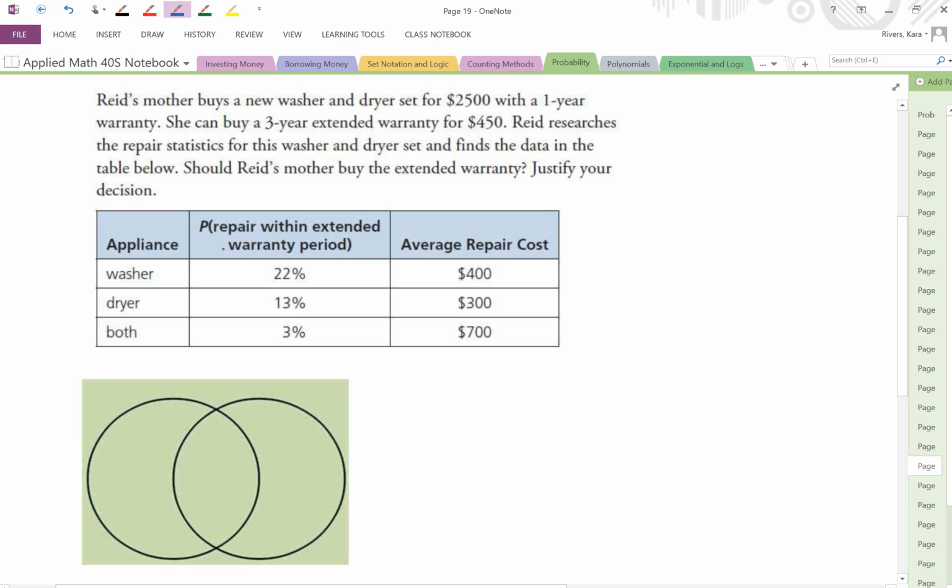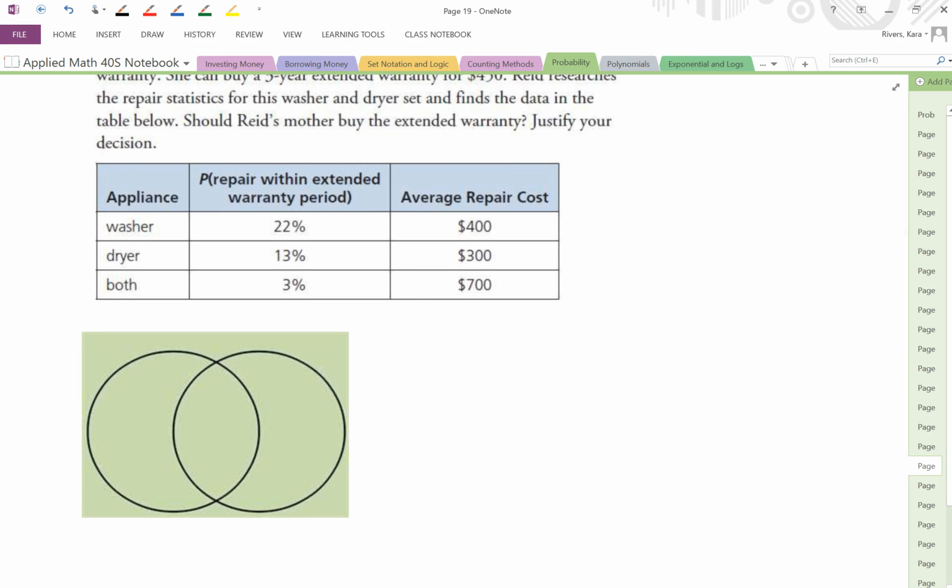So here's the probability, the repair with an extended warranty period. So 22% is for the washer, so we're looking at just the washer. And then our dryer is 13%. And for both, it's 3%.